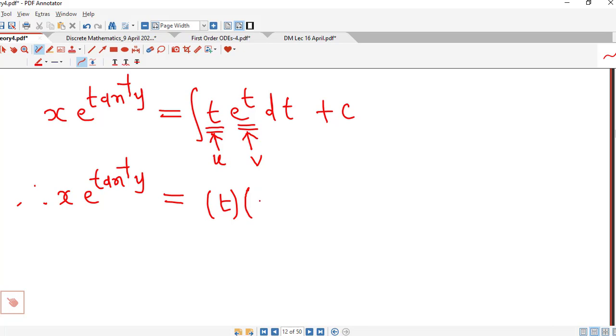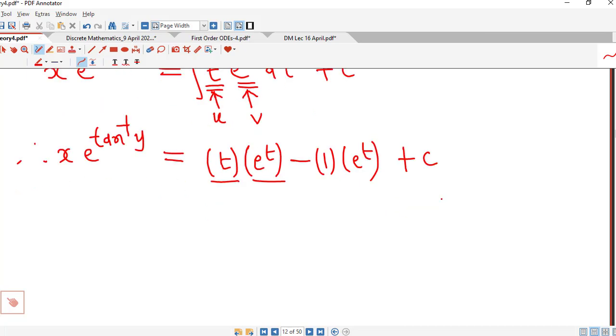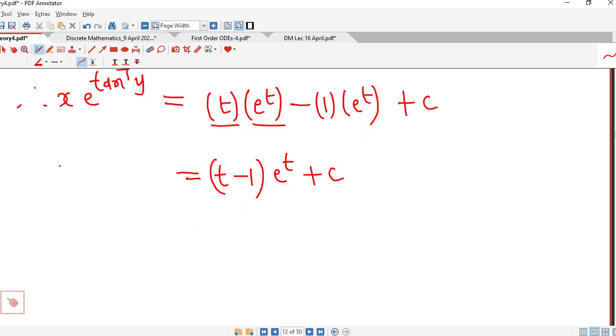Integral of e raised to t is e raised to t, minus the derivative of the first function, that is 1, into the integral of the second function, that is e raised to t, plus the derivative of the first function, which is 0. So we stop here and we write plus c, and we can rewrite this by taking e raised to t common. We have t minus 1 times e raised to t plus c.